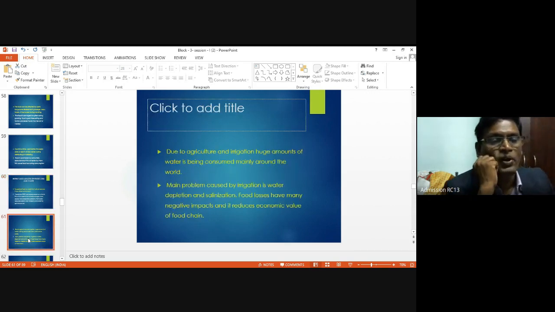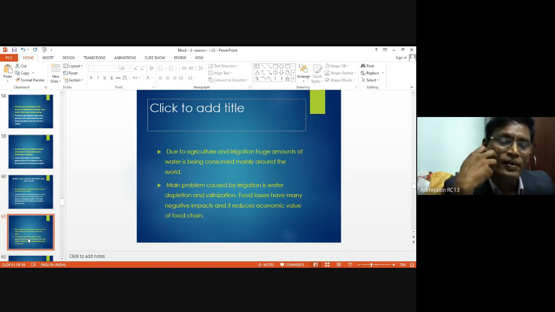Due to agriculture and irrigation, huge amounts of water are being consumed around the world. Agriculture requires a large amount of irrigation, otherwise we can't produce the required quantity of agricultural products or crops, because these products are very much required to meet the demand of the human population.